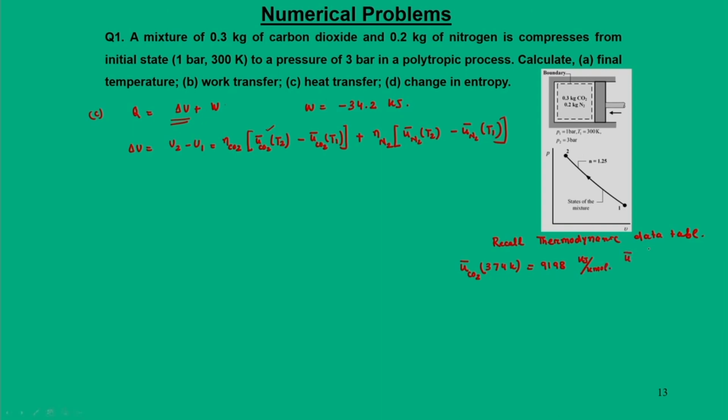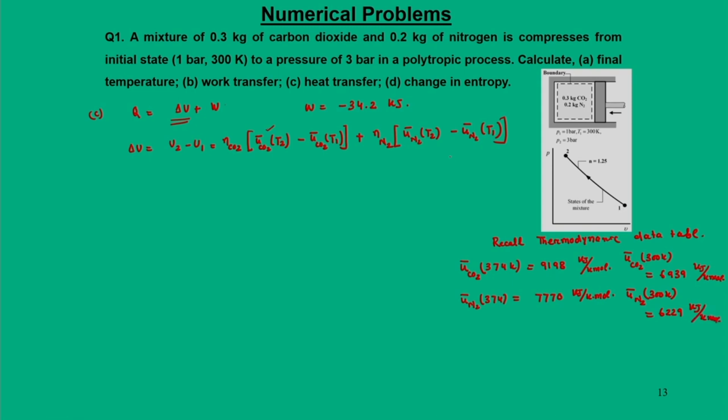U bar CO2 at 300 Kelvin is 6939 kilojoule per kilomole. U bar N2 at 374 Kelvin is 7770 kilojoule per kilomole. U bar N2 at 300 Kelvin is 6229 kilojoule per kilomole.